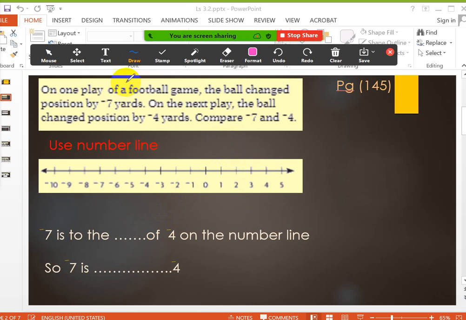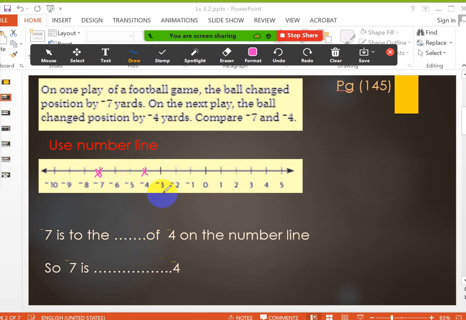So the easiest way for me is to use a number line. That means I will locate each number on the number line. Let's locate the first one, -7. It's right here on the number line. This is -7. What about -4? This is -4, right?